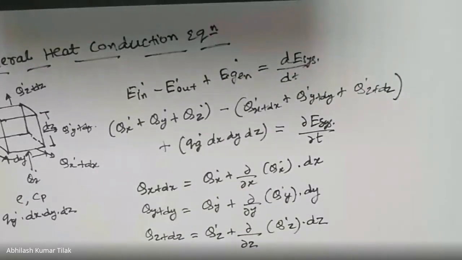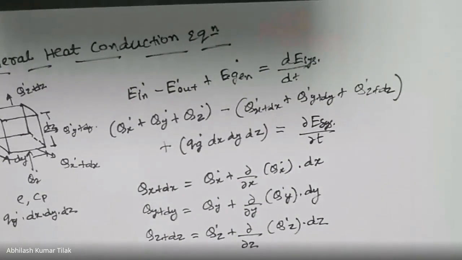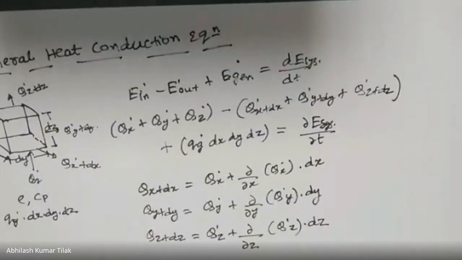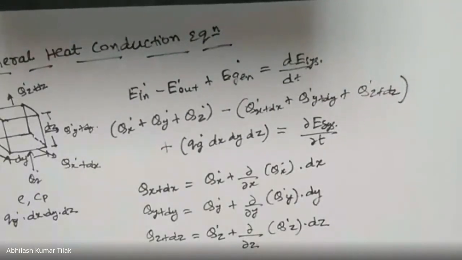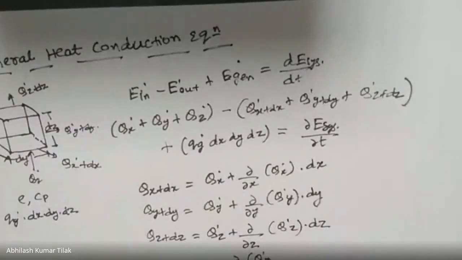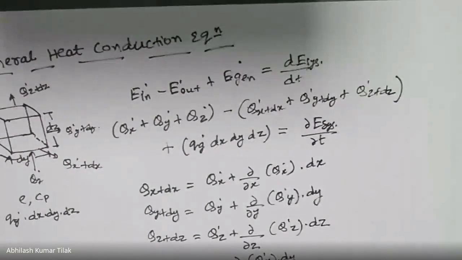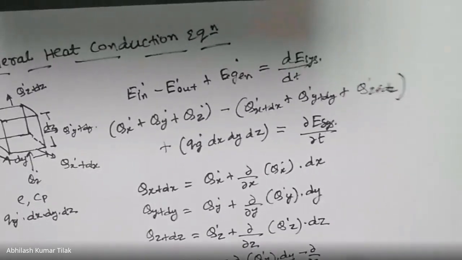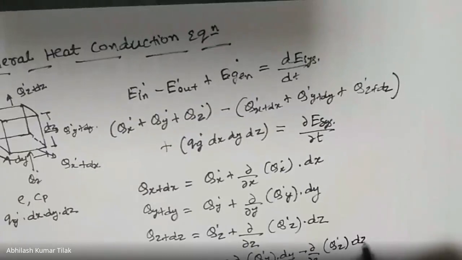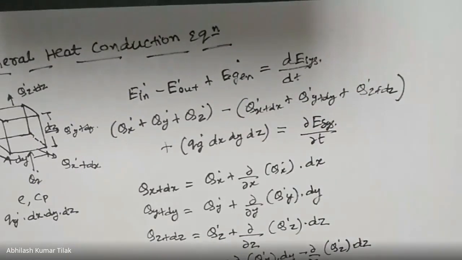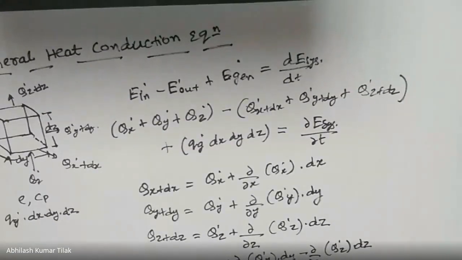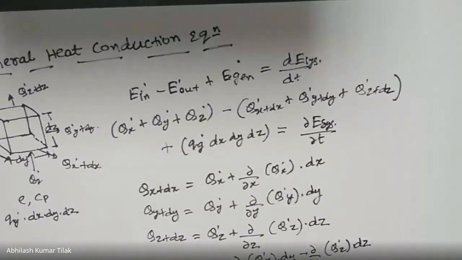So from here, I can have minus dou by dou x of qx into dx, then minus dou by dou y of qy into dy, minus dou by dou z of qz into dz, plus the heat generation term, that is qg dx into dy into dz, is equal to change in the energy of the element or the system here.